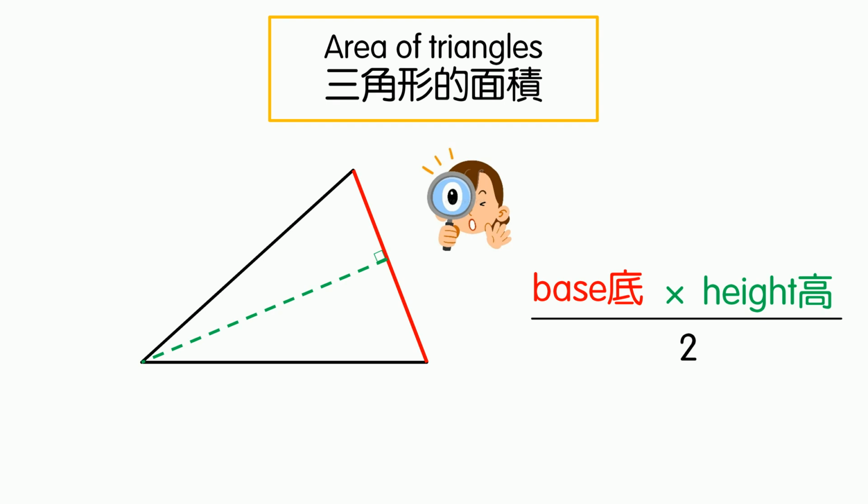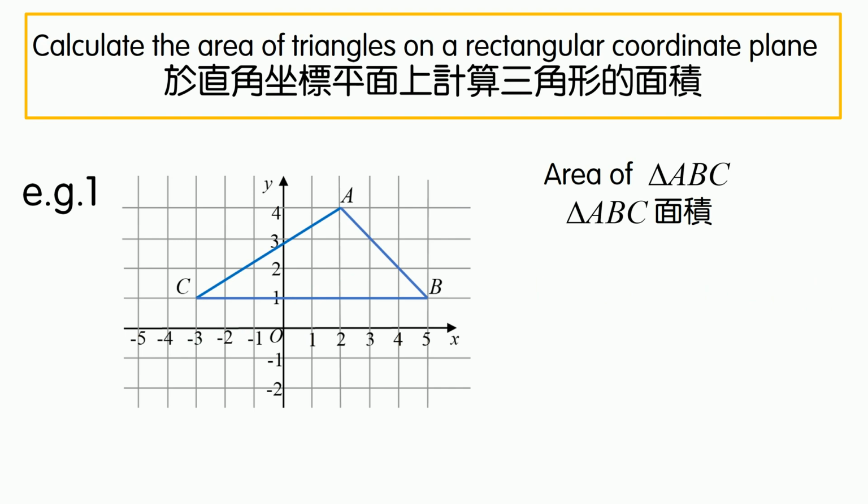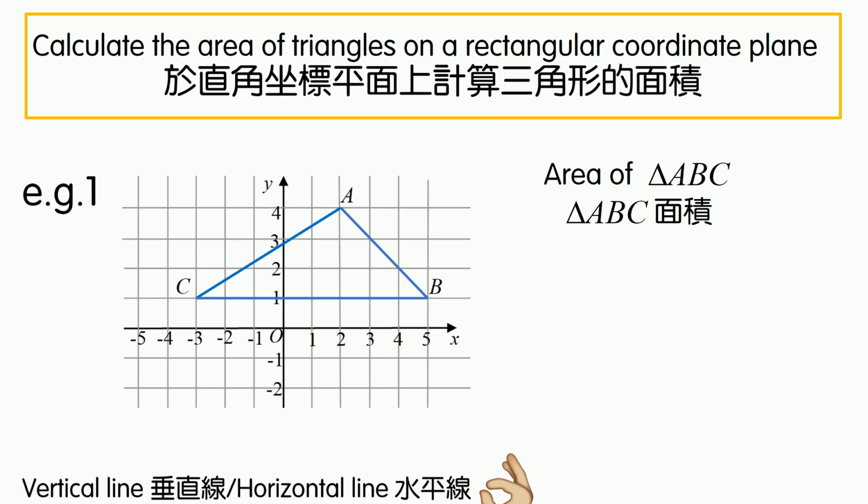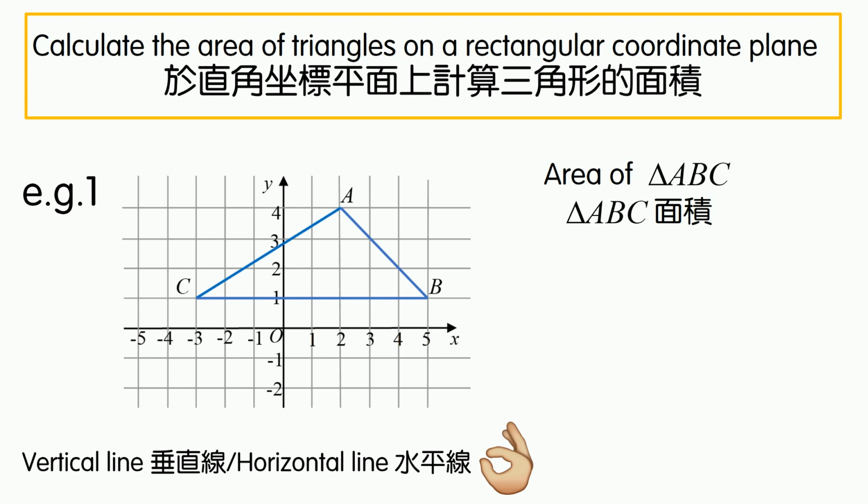Let's see how to find the area of a triangle on a rectangular coordinates plane. In these questions, we need to find the area of triangle ABC. In the previous video, we have learned how to find the distance of a horizontal line or vertical line. That's why we should choose a horizontal line or vertical line first in this figure.